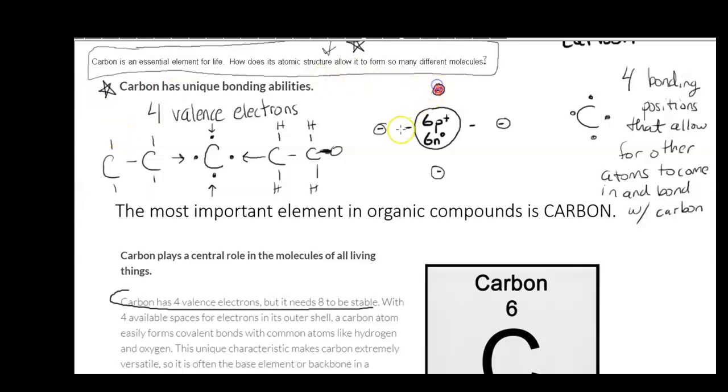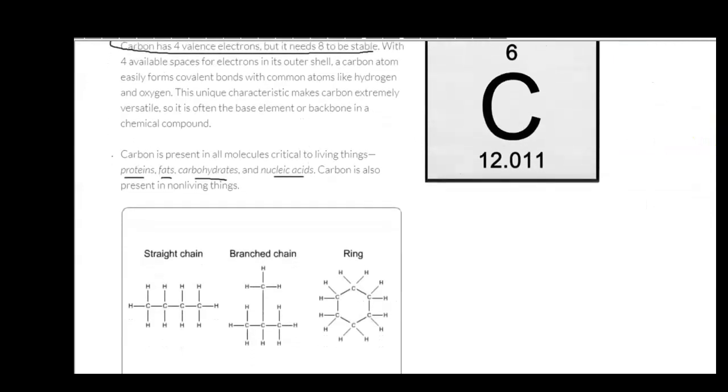It's got 1, 2, 3, 4 valence electrons. Because it has those 4 valence electrons, other atoms can come in and bond at those spaces right there. And if we have other atoms come in and bond, you can form these really amazing structures.